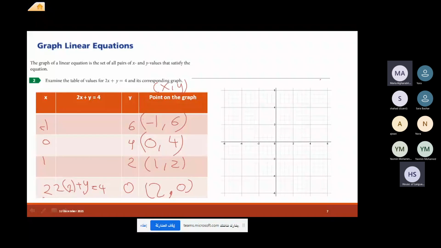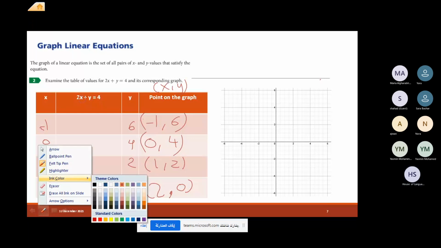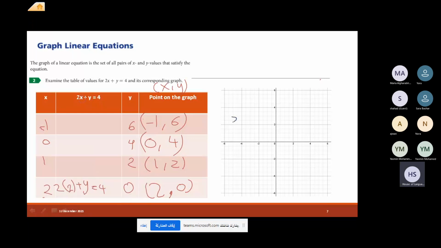I told you, you have to substitute x. We have 2x plus y equals 4. Now, what's the value of x? 2. So you have to substitute x now with 2. Just that, yes. Okay.